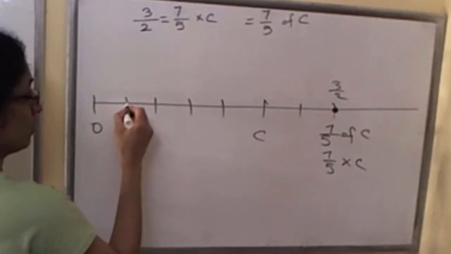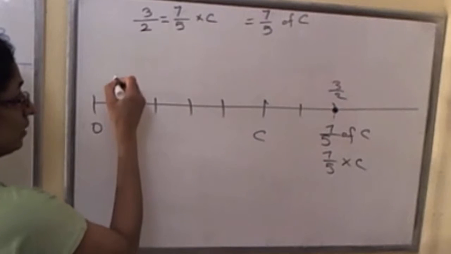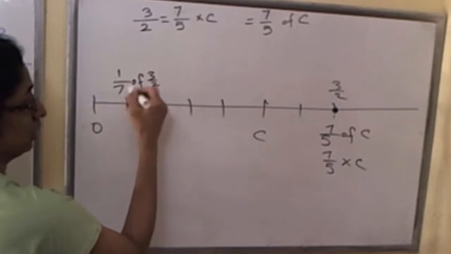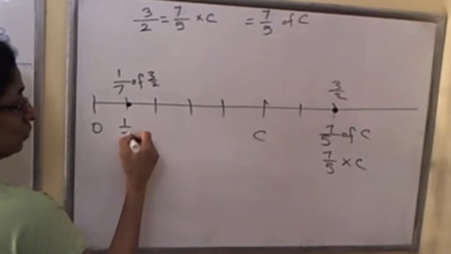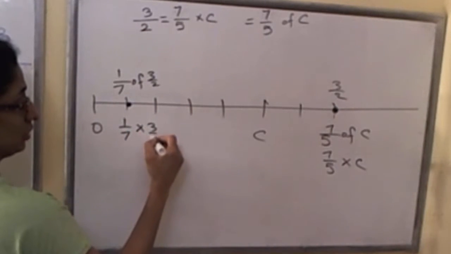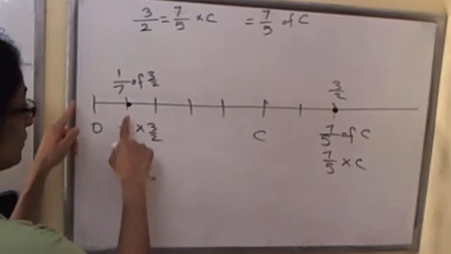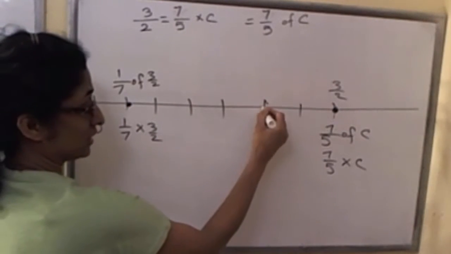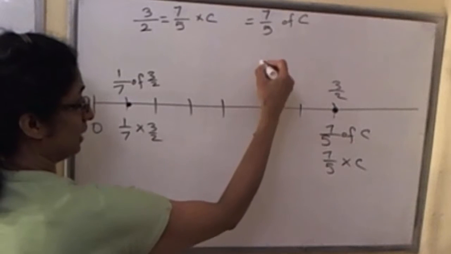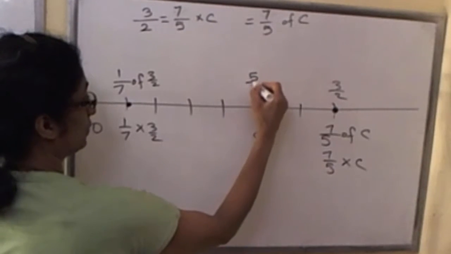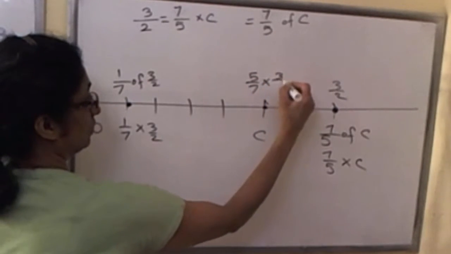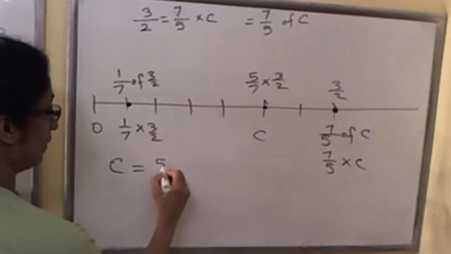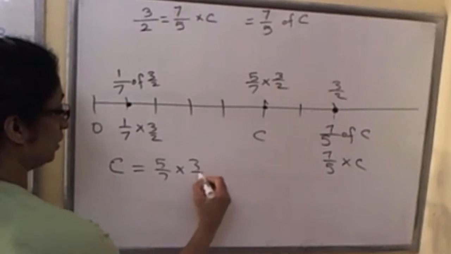That means this point, by another video, must be 1/7 of 3 over 2, or you can also write it as 1/7 times 3 over 2. Now notice we concatenate 1, 2, 3, 4, 5 of them to get c. That means c must be 5 over 7 times 3 over 2. So that's how we figure out c. So c is 5 over 7 times 3 over 2.